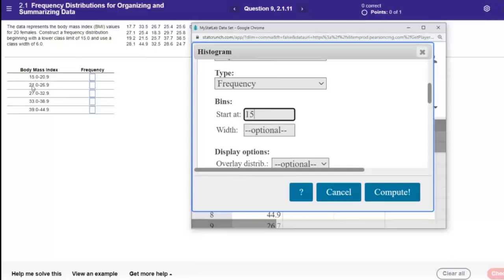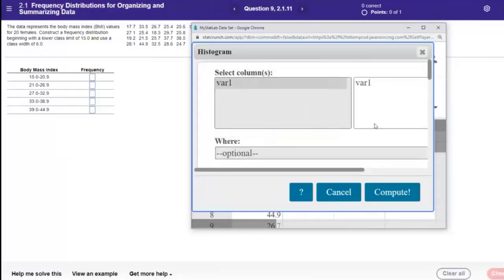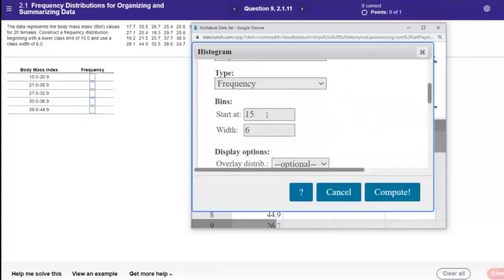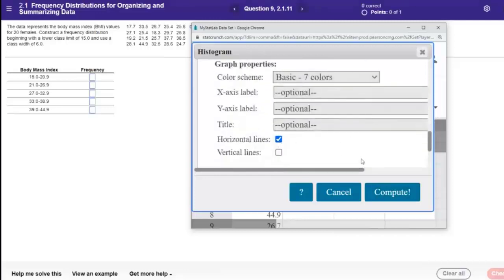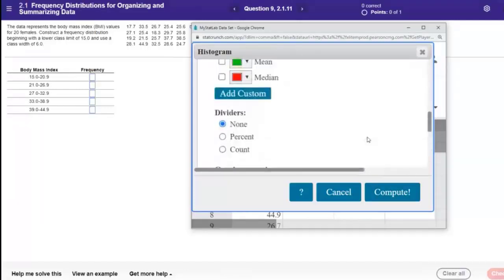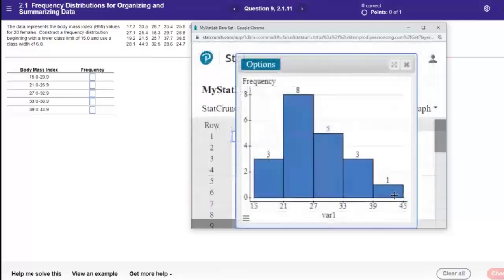And then to get the width, 21 minus 15 is 6. Those are the 3 things you would need to do. Click that column over, just click it, and then give where to start the bin, what the width is. And down here, a little further down, if you want, it definitely makes it easier, is you want to tell it to put the value above the bar so it will count them for you. Then compute.